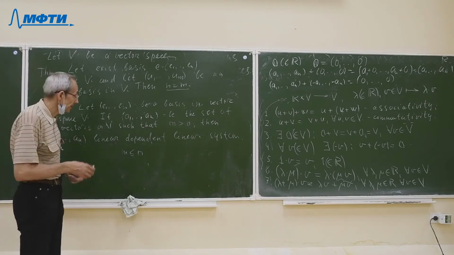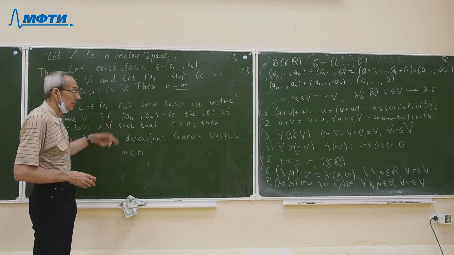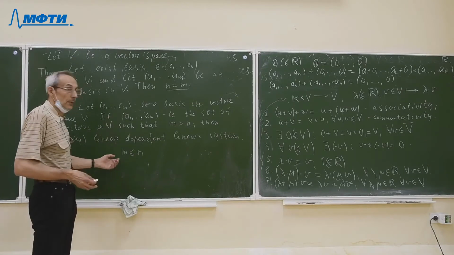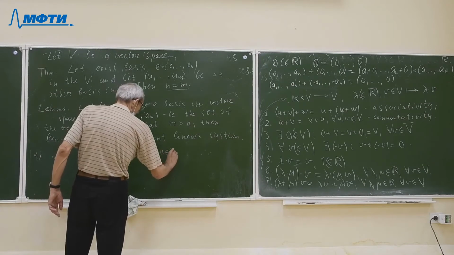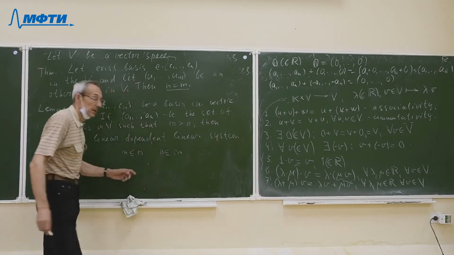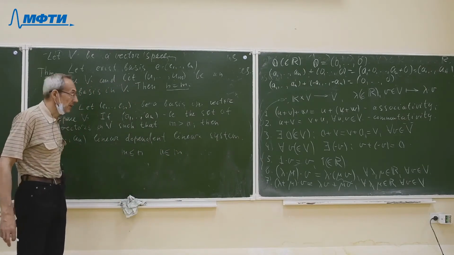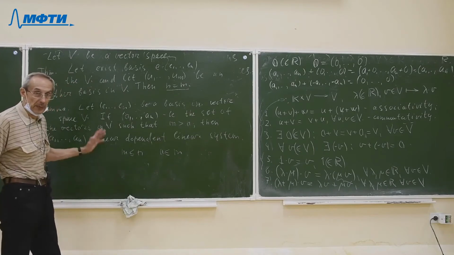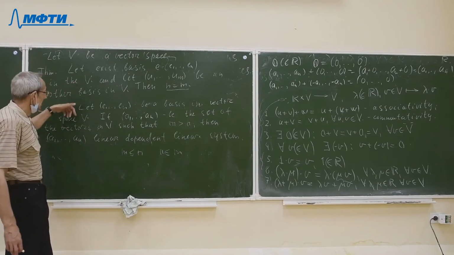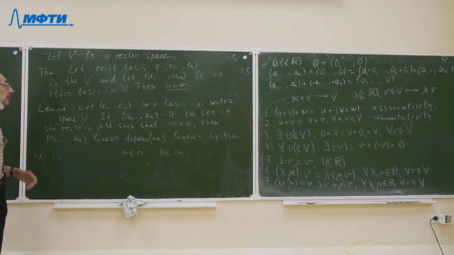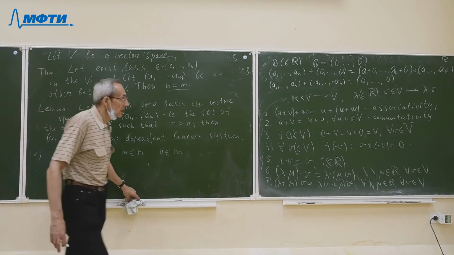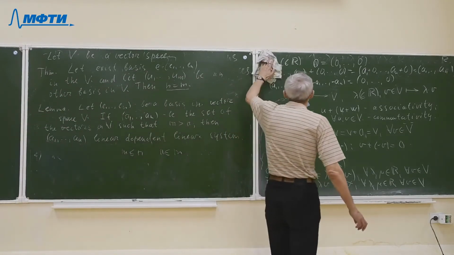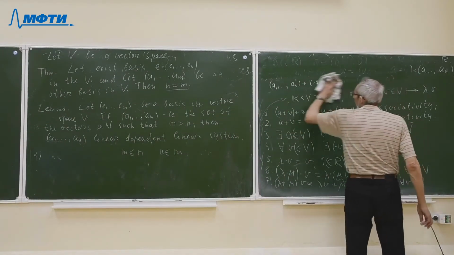We can swap these two bases and in the same way obtain that also n is less than or equal to m. After that we obtain that n is equal to m. This theorem is essentially equivalent to this lemma, and we try to prove this lemma. The proof is easy enough.